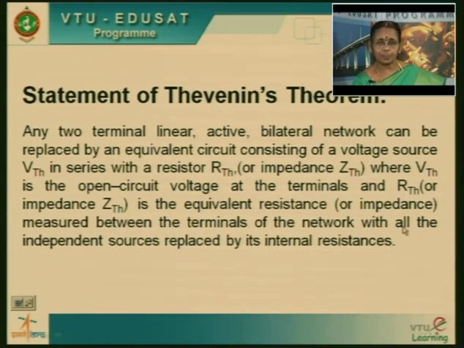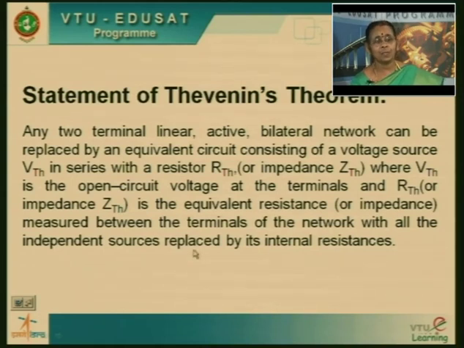I repeat, where V Thevenin is the open circuit voltage at the terminals and R Thevenin or Z Thevenin is the equivalent resistance measured between the terminals of the network, or we say looking into the circuit from the output terminals.